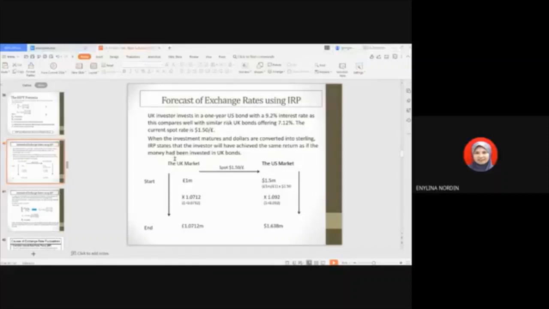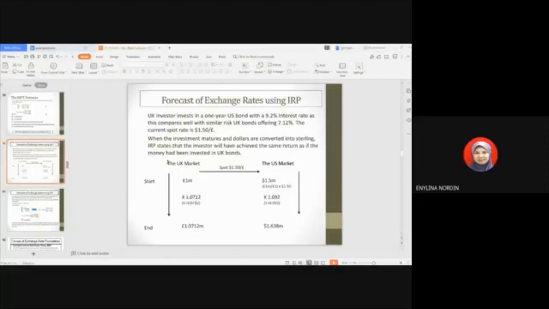Now when the investment matures and dollars are converted into sterling, IRP states that the investors will have achieved the same return as if the money had been invested in the UK bonds. So let's say now you invest 1 million in the UK market, and the interest rate is 7.12%.